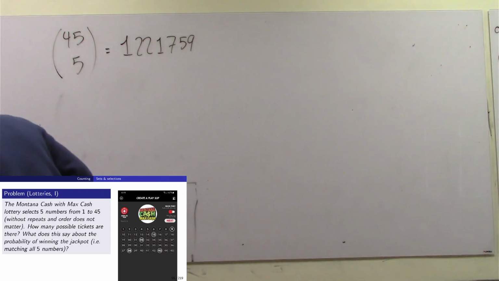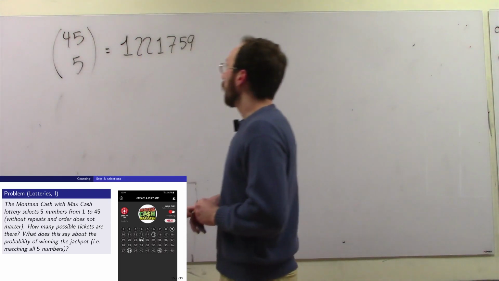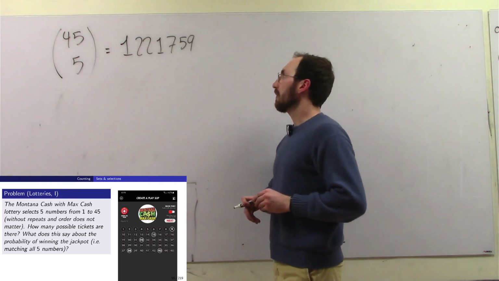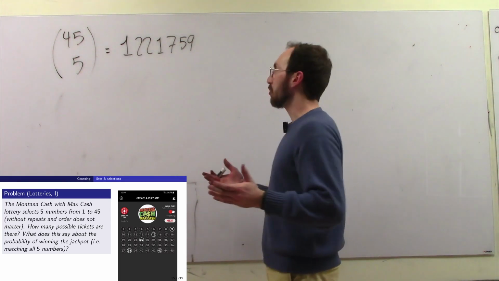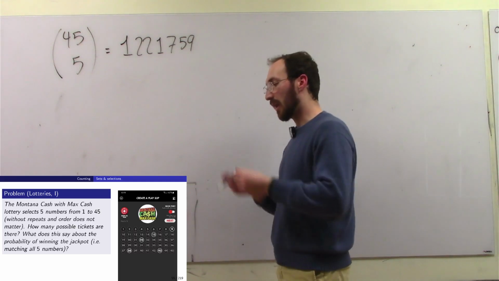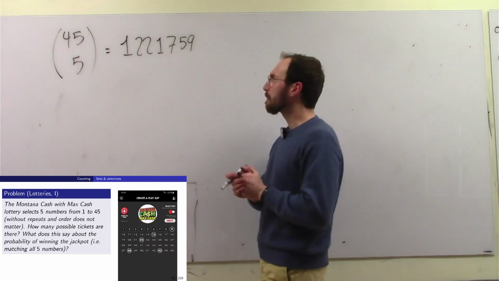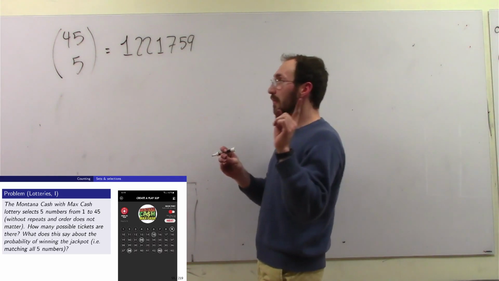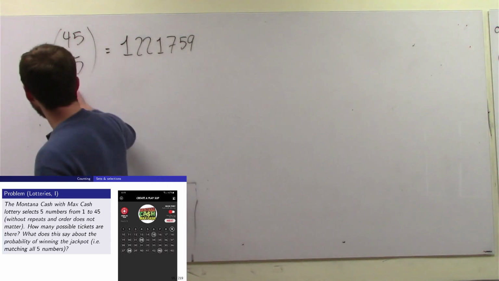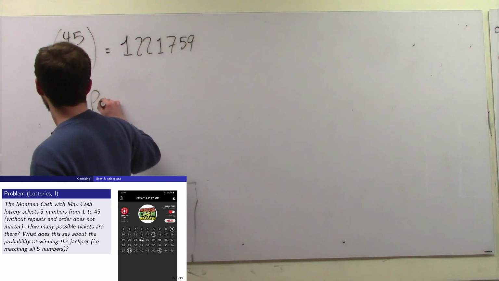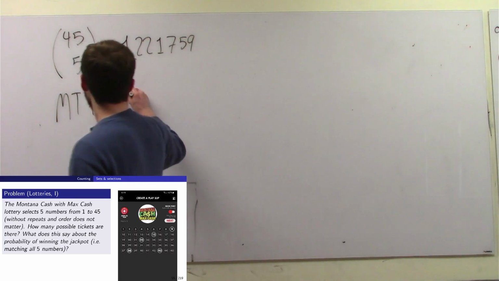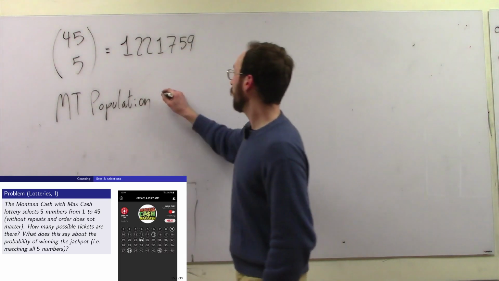We might ask ourselves, okay, well that's cool. What is the population of Montana? If everyone just got a different lotto ticket, in just one, would someone win? Maybe not, but we'd be quite close.